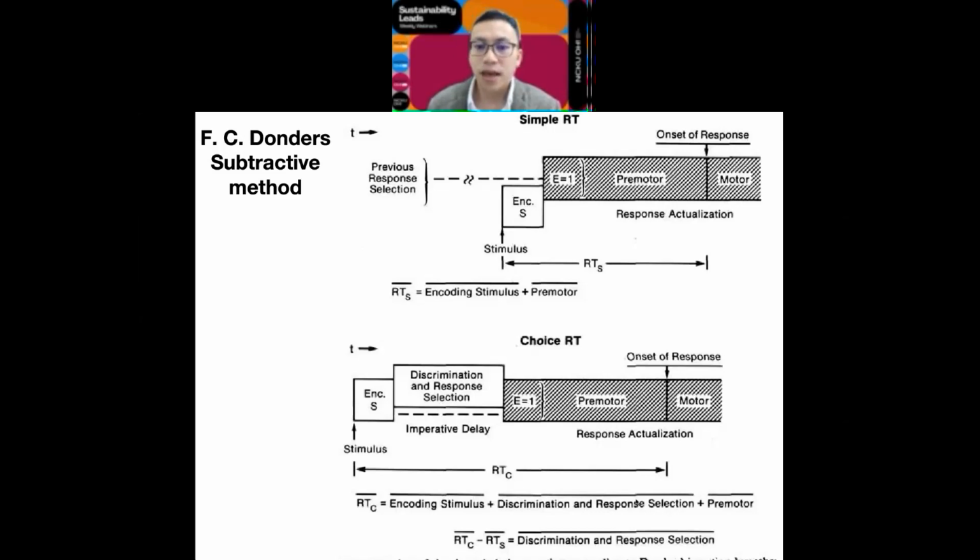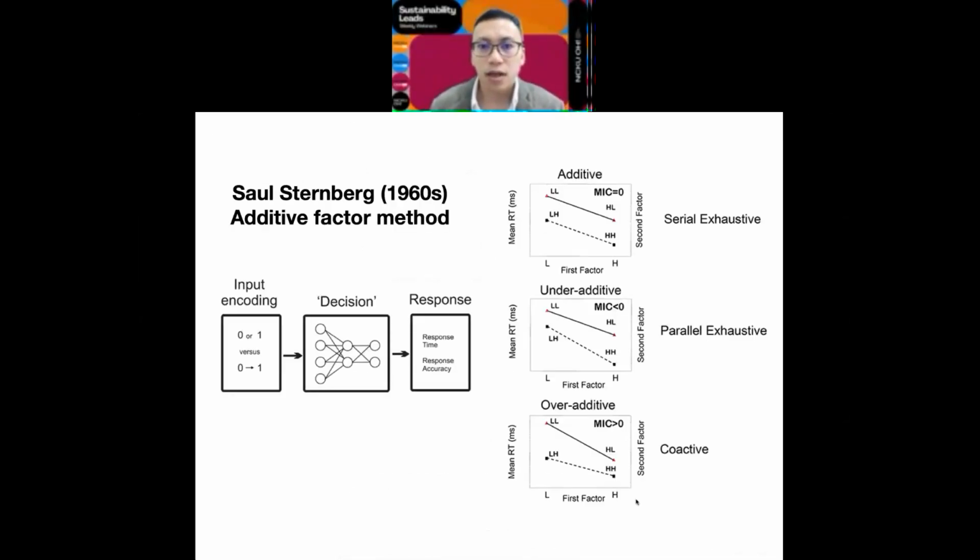We may have a system with parallel processing or even coactive processing. So after that, Sternberg in the 1960s proposed another method, the so-called additive factors method, to study how information is processed in our brain.